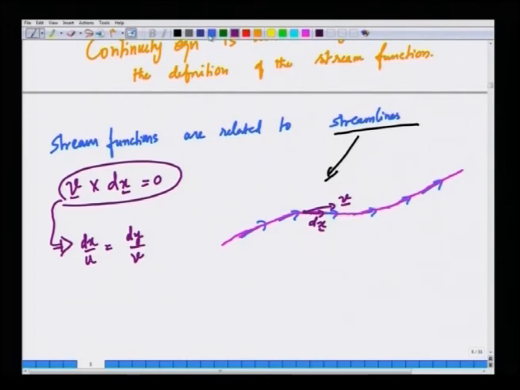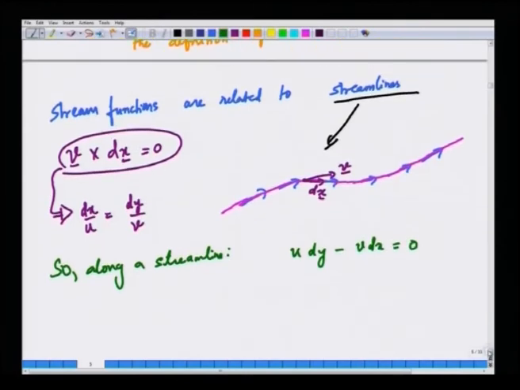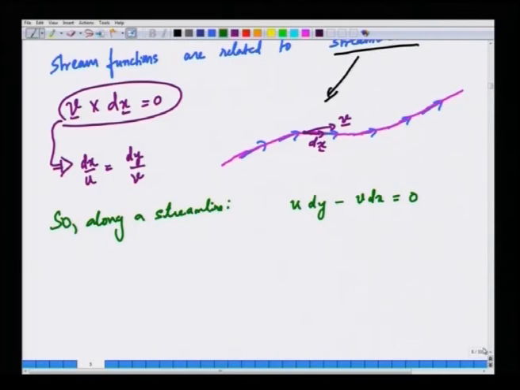So, along a streamline, we can say that u dy minus v dx is 0. This is along a streamline from the definition of streamline.